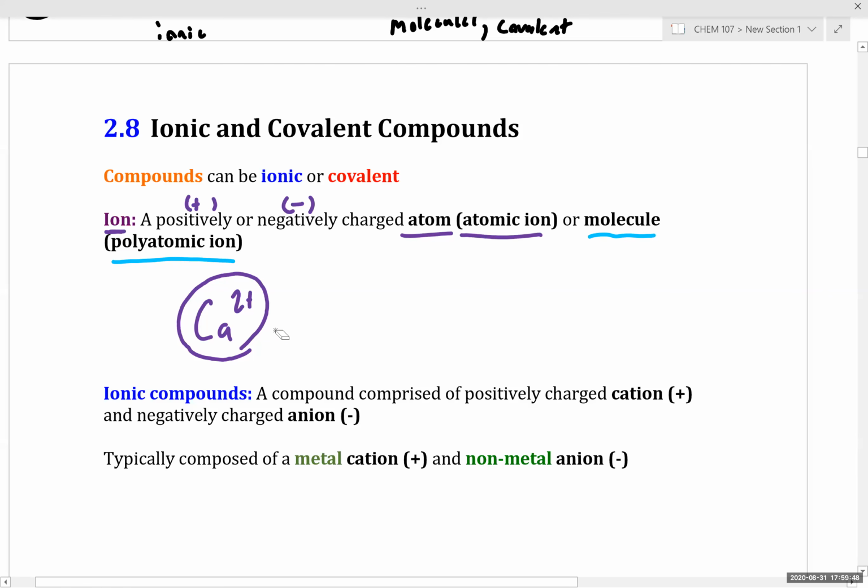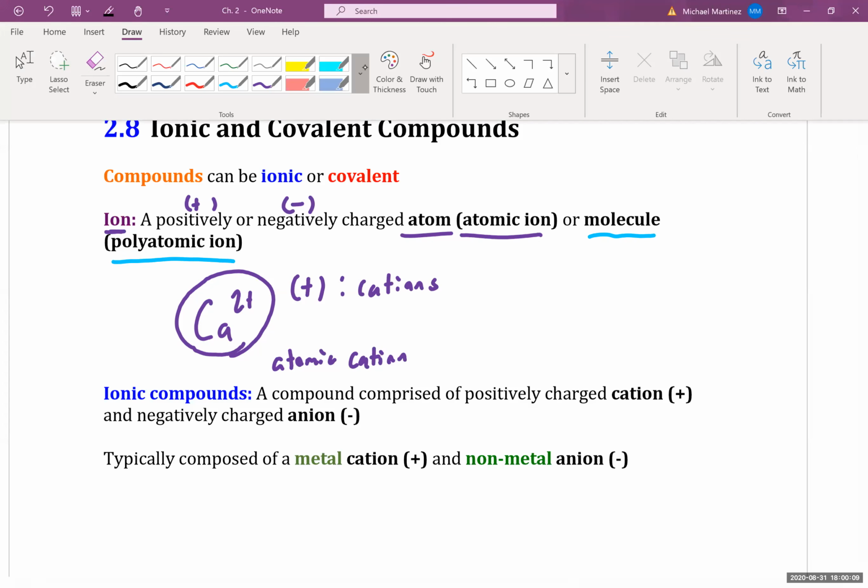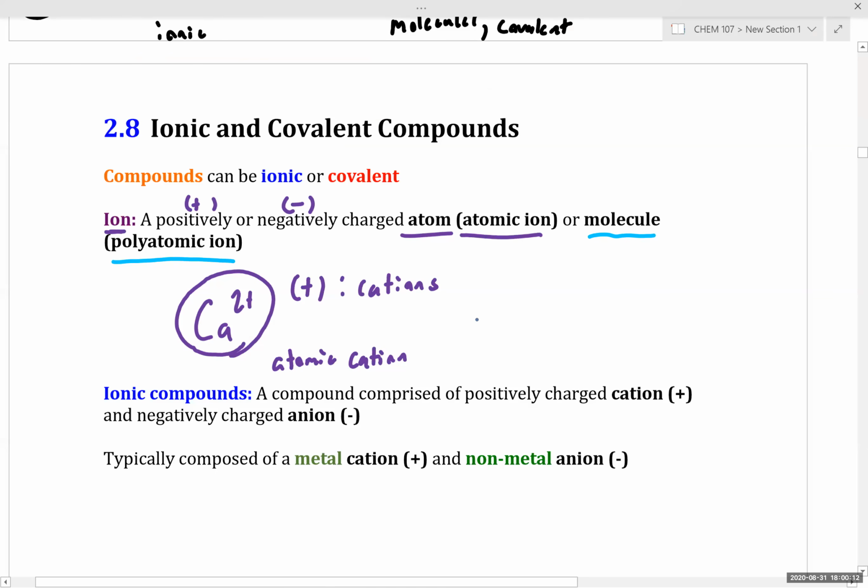An example of an atomic ion would be calcium 2+. One thing to note: we call the positively charged ions cations. So calcium 2+ would be an atomic cation. Alternatively, our negatively charged ions, such as Br-, are known as anions.